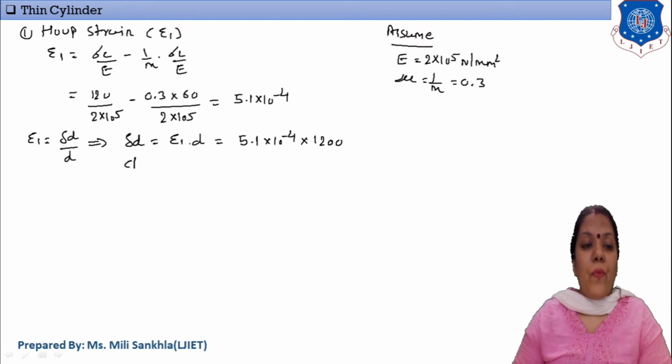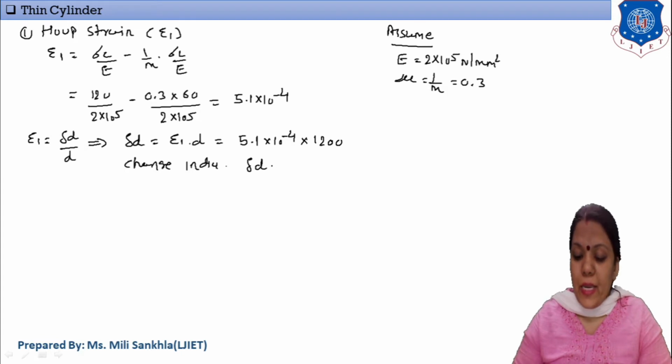So the change in diameter for this given thin cylinder, del D, is equal to 0.612 mm.